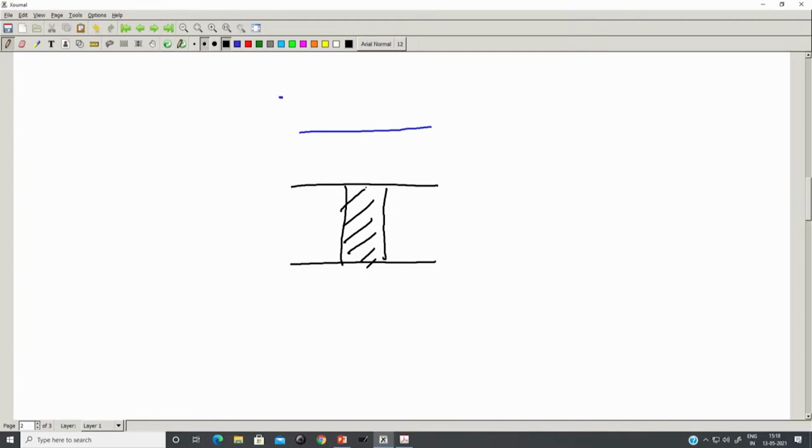Now, if I have this as the y axis and this as the x axis. So, if I call this distance a and if I call this distance b, and the permittivity of this strip is epsilon r.